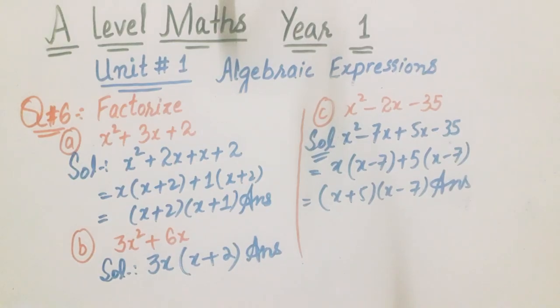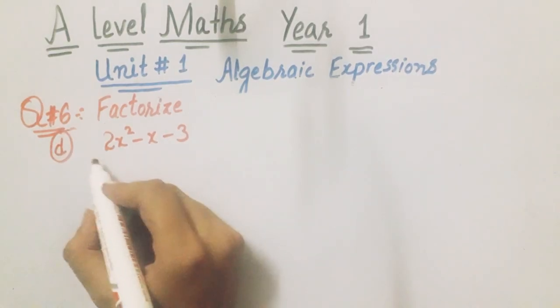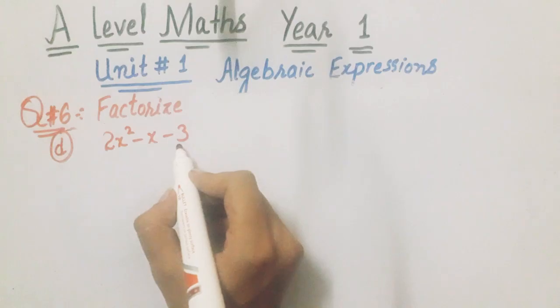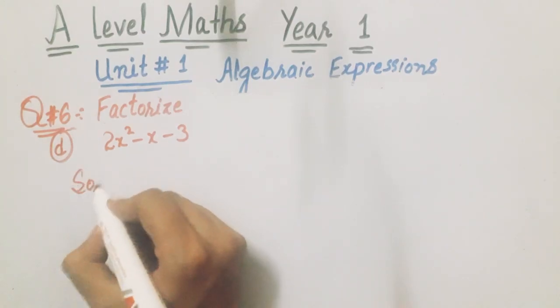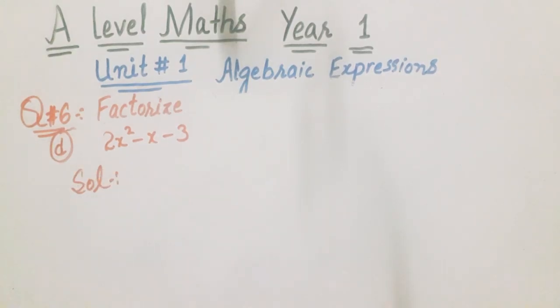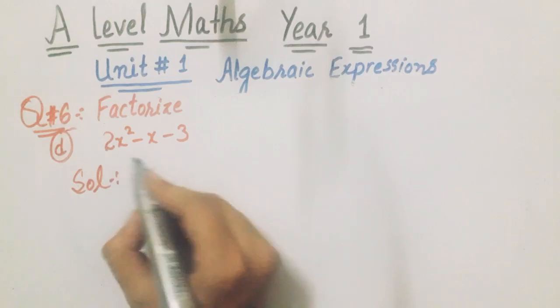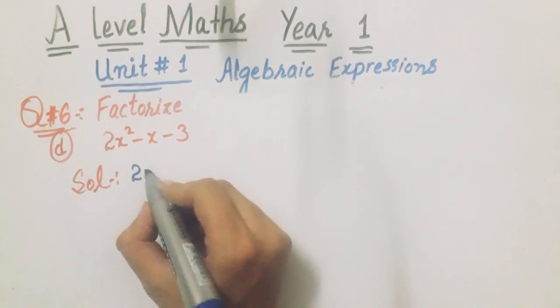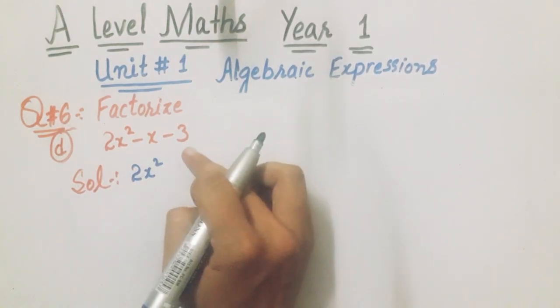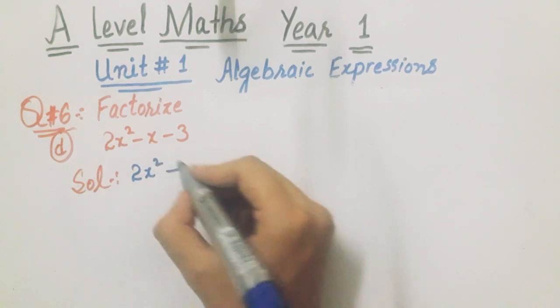Now we will solve the D part. Now the D part is 2x square minus x minus 3. So we will solve this as 2x square, make the factors of 6 which when subtracted give 1.